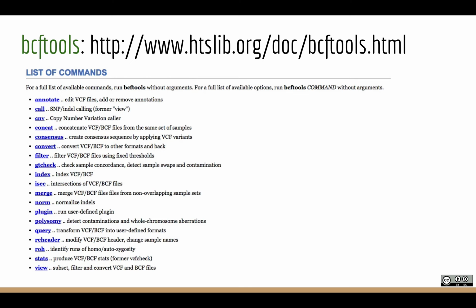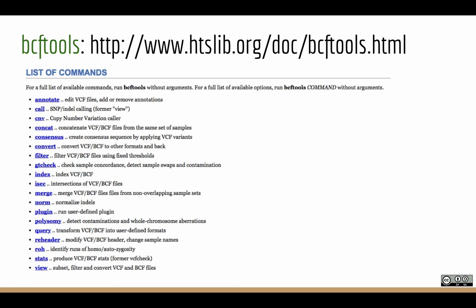Okay, so what I want to move into now in the last few minutes is we've talked about VCF files, we've talked about Hardy-Weinberg equilibrium, and now we're going to just introduce one more tool set for actually working with these formats. It's another tool out of this group called HTSlib. There's a bunch of really excellent developers that make these tools. And it's called BCF tools.